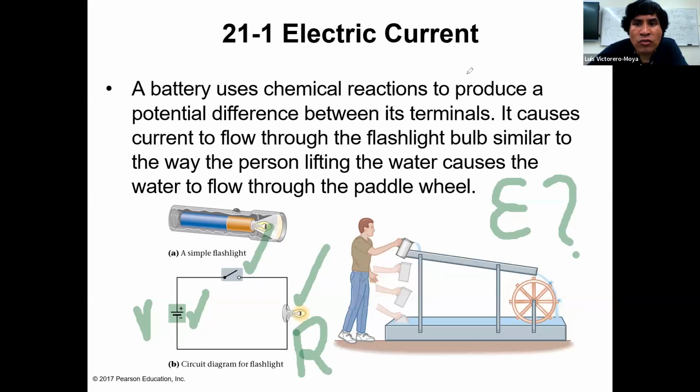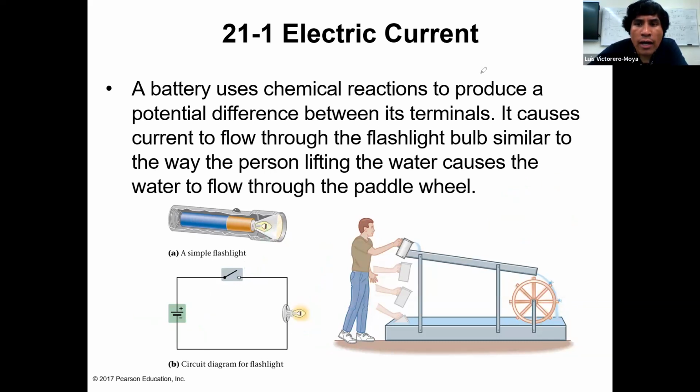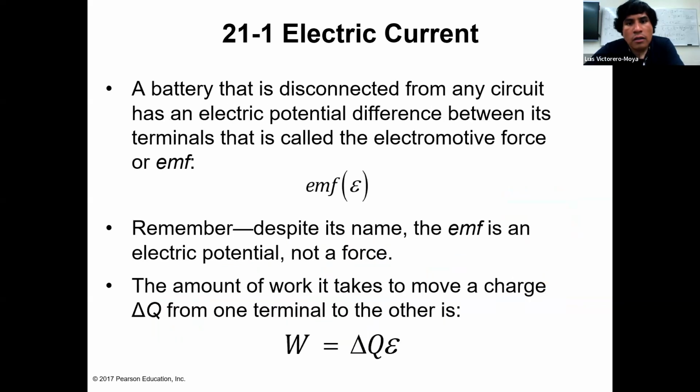Well, that's when we introduce the idea of electromotive force. When the battery is disconnected from any circuit, we can say that between the terminals, we are measuring the EMF. The EMF is basically the amount of voltage required to move a charge from point A to point B. In other words, it is related to the work done to move a charge from one potential to another potential.